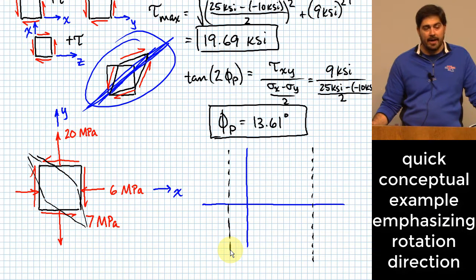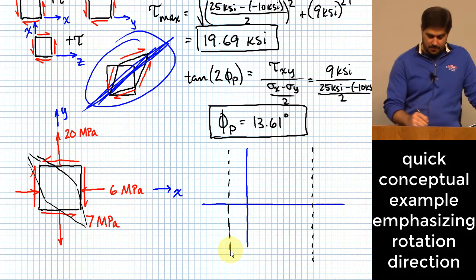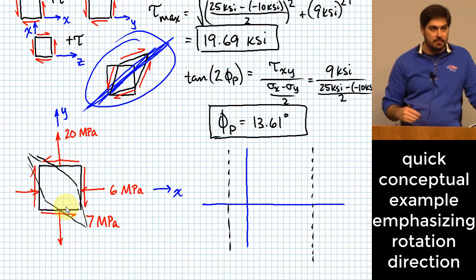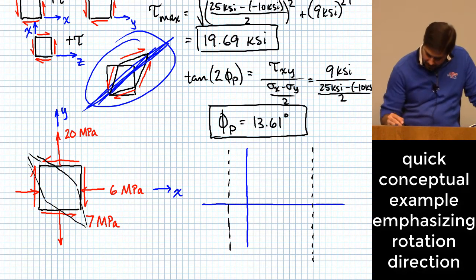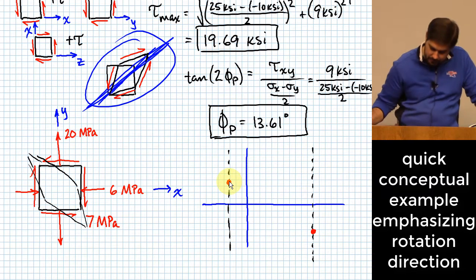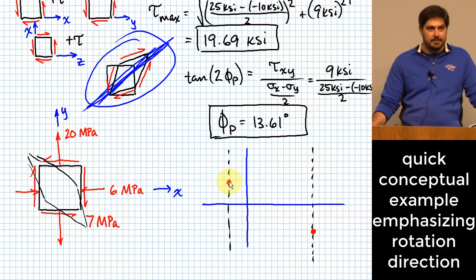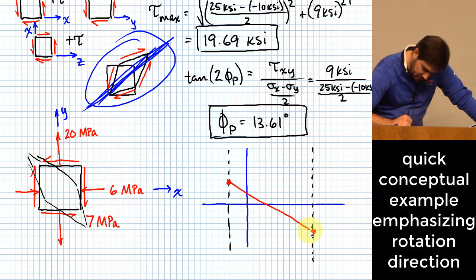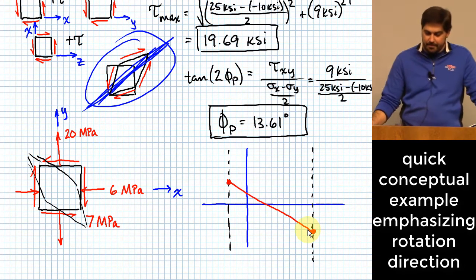Negative, because why? Because it's going to try to rotate this square counterclockwise. And so that would be down here somewhere, maybe right here, and then up by the same amount over here. Do you agree with that? So that represents the state of stress that I'm actually given.